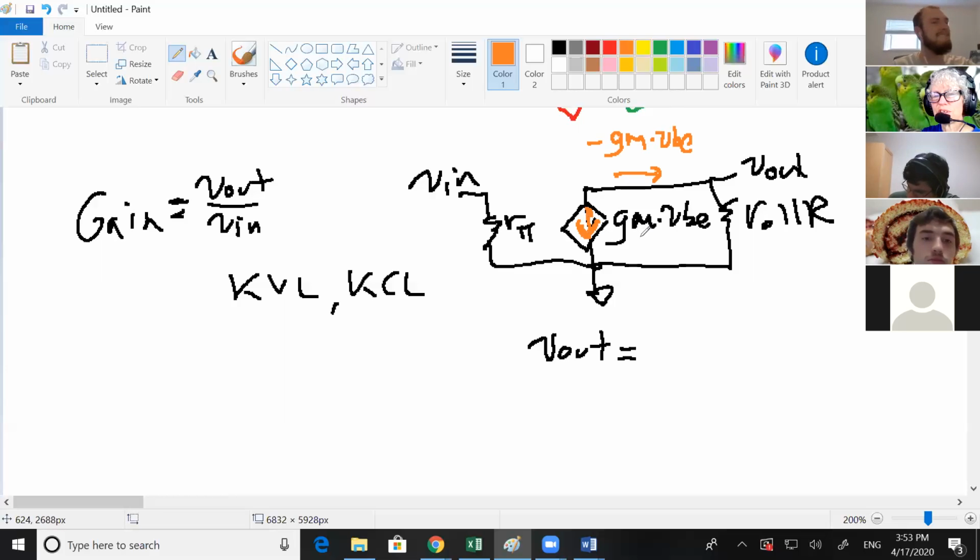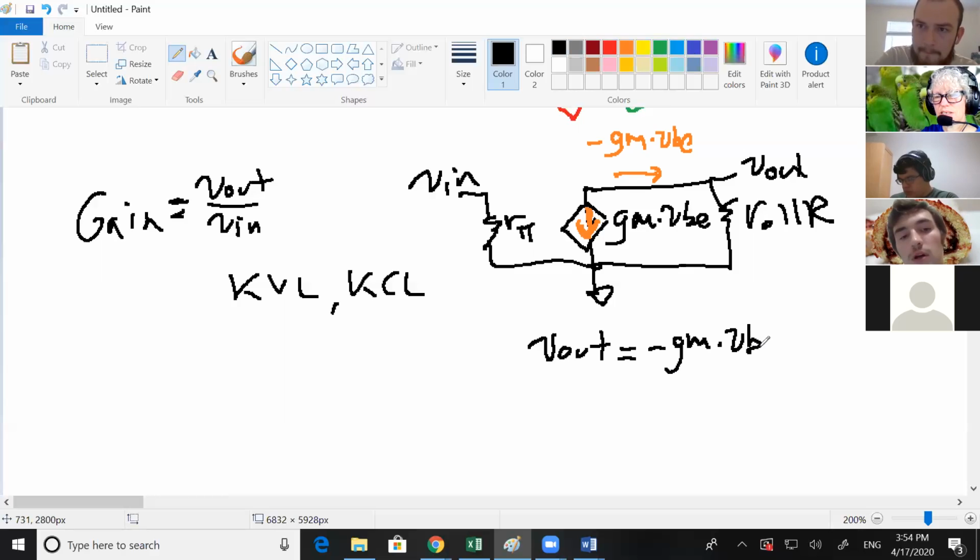This is a current source and the amount of current going through it is exactly g_m times v_be. You've defined this direction as positive, so the current going in this direction is negative g_m v_be. None of it is going out V out, so what is V out? Negative g_m times v_be times R_O in parallel with R. Exactly.